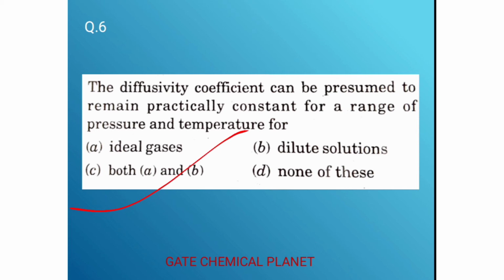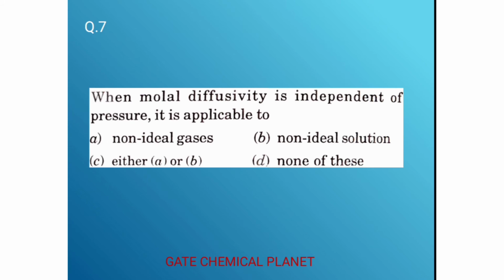Okay, so now move on, question number 7. When molar diffusivity is independent of pressure, it is applicable to non-ideal gases, non-ideal solutions, either A or B or none of these. So student, what is the molar diffusivity?